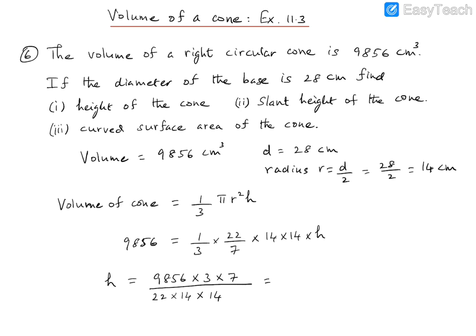So clearly we can have this 7 cancelling out this 14 two times, so it's 22 into 14 into 2, so 9856 into 3 divided by 22 into 14 into 2, and that gives us a value of 48.